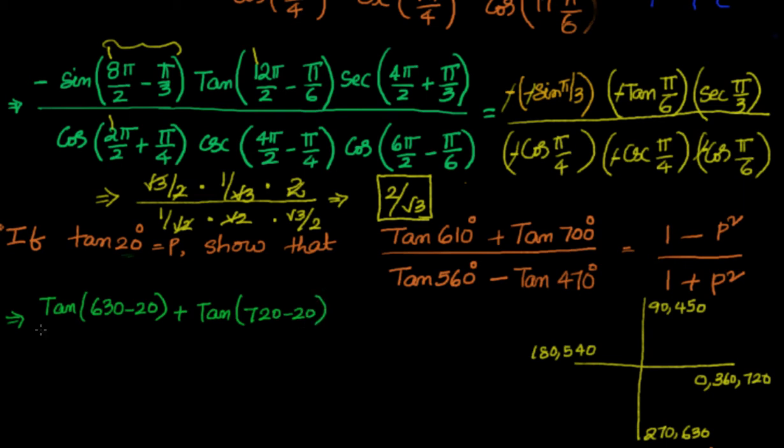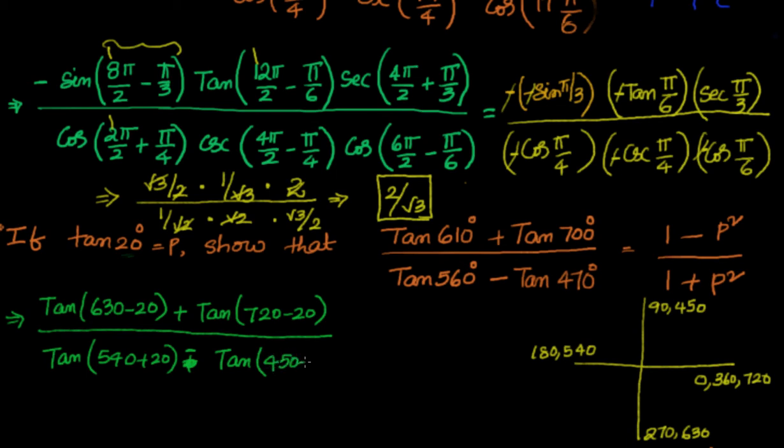See, all are in 20s only. Divided by tan of 560. If you see here what I am trying to do, I am trying to add them to the quadrant angles. That means multiples of 90 degrees, n pi by 2. Okay, that's the same concept. 540 plus 20 plus, oops, it's minus tan of 450 plus 20.